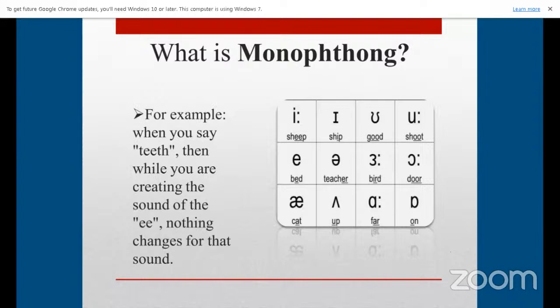Ma'am, do we have to learn these letters? Yes, you have to learn these symbols of the sounds. Then it will be very useful for you. Whenever you read it, you'll understand how to pronounce it.